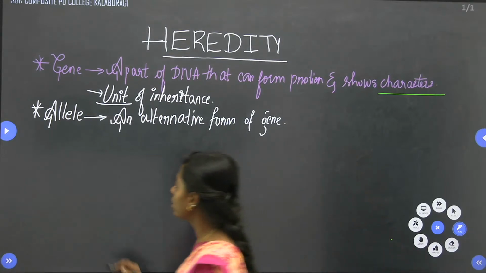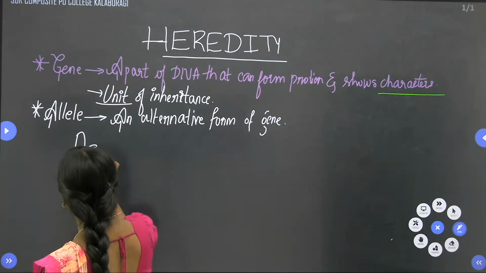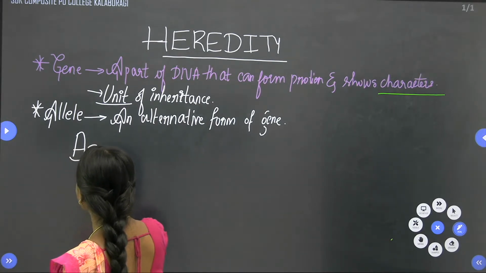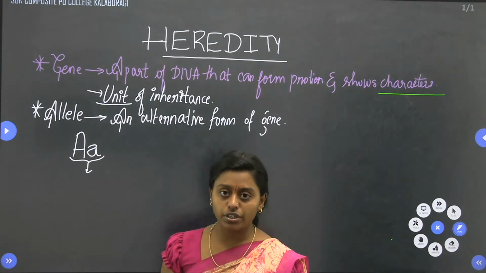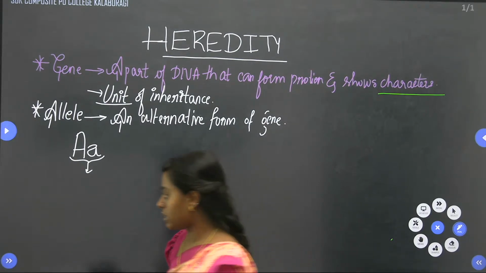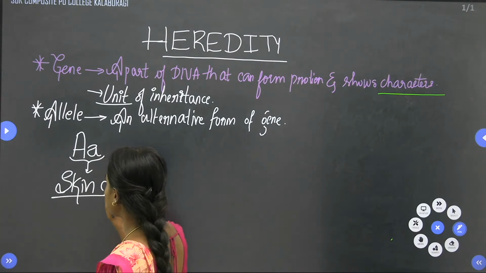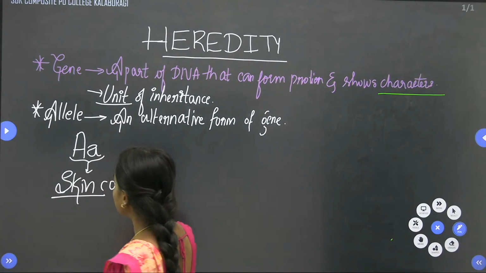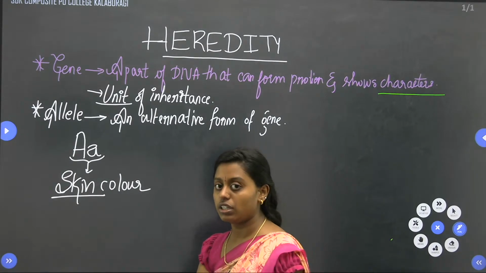If we consider a particular gene, that is A and a, let us consider this is a gene responsible for appearance of skin color or any other character. For our example, let us consider it is responsible for appearance of skin color. This is gene, together, a gene.